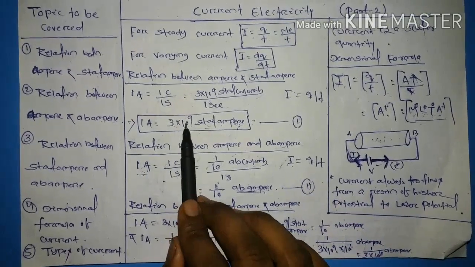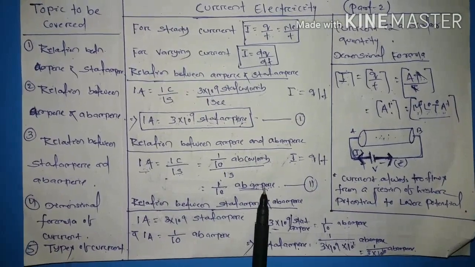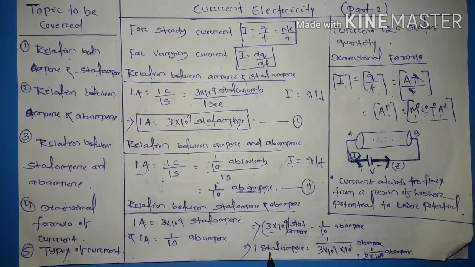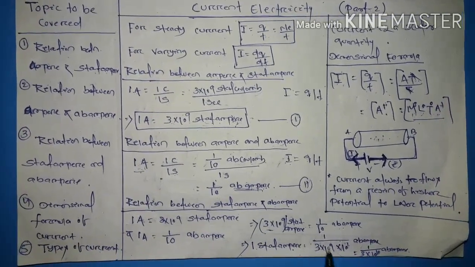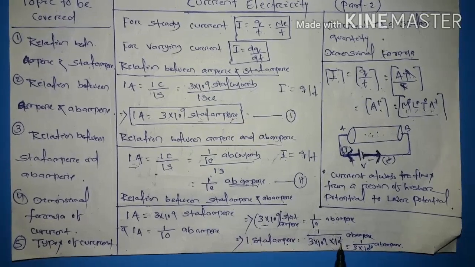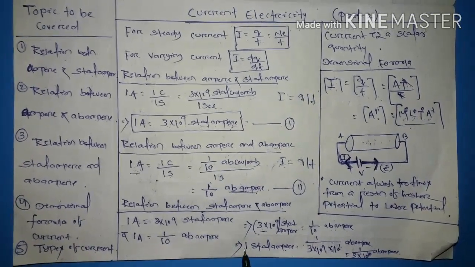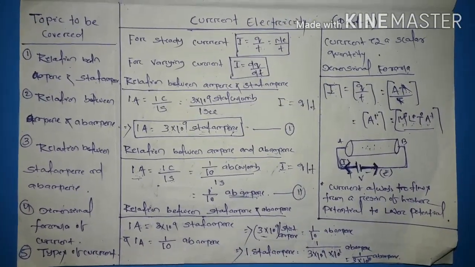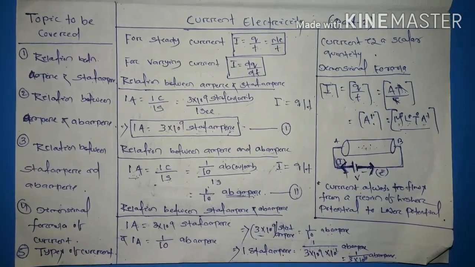Therefore 3 into 10 to the power 9 stat ampere is equal to 1 by 10 abampere. Dividing, 1 stat ampere is equal to 1 by 3 into 10 to the power 9 into 10 to the power 1 abampere, which implies 1 stat ampere is equal to 1 by 3 into 10 to the power 10 abampere. So this is the relation between stat ampere and abampere.